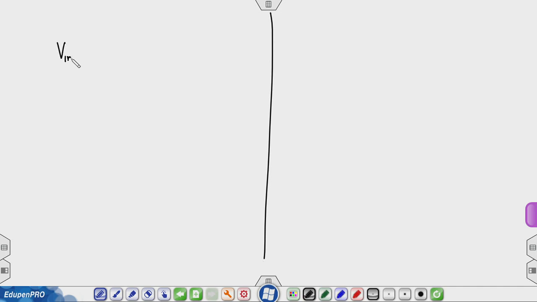If I look at V interaction, this is equal to summation over j V r minus r j minus u j. I am writing this as vectors.